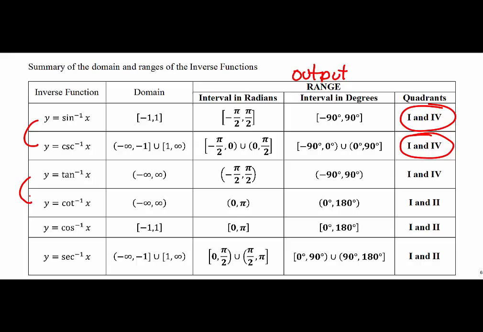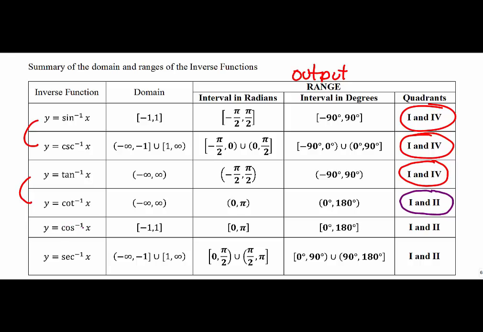Tangent and cotangent. Tangent has output values that come from quadrants 1 and 4. However, I want you to keep this in mind: for cotangent, the angles that we choose come from quadrants 1 and 2. So these are the only two reciprocal functions that have different output values for their inverse functions.